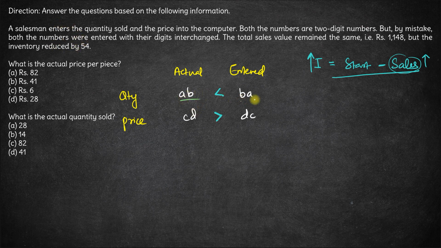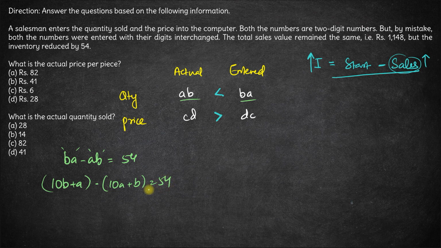So the difference in these two must be 54. So BA minus AB must be 54. Now remember, BA and AB are only representations of a two-digit number. So we can expand this as 10B plus A minus 10A plus B, which is equal to 54.